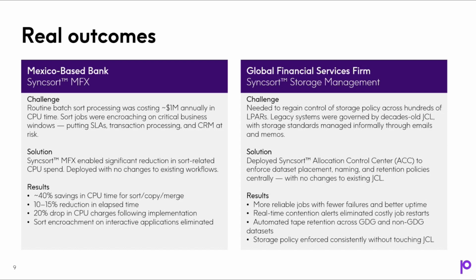After replacing the incumbent and implementing MFX, they saw about a 40% reduction in CPU usage, 10 to 15% faster processing, and about a 20% drop in CPU costs. And more importantly, they eliminated the impact on their interactive workloads entirely.